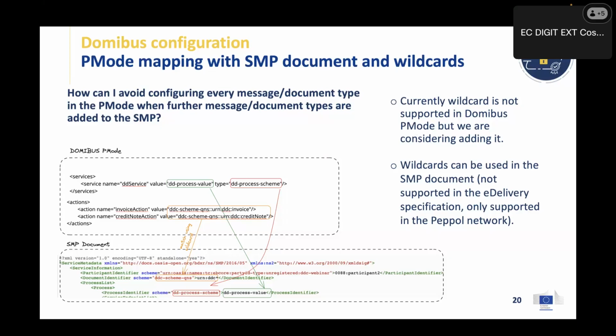In the matching process, Domibus takes the values from the message and matches them against the configured P-mode, but it expects these values to be one-to-one, so an exact match. We are considering adding support for wildcards in the P-mode matching because we think it is a valuable proposal.